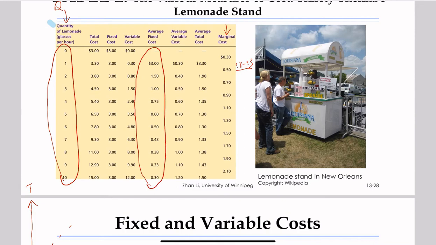The same approach for the average variable cost: you draw quantities on the horizontal axis and average variable cost on the vertical axis. Then you will get your average variable cost curve.